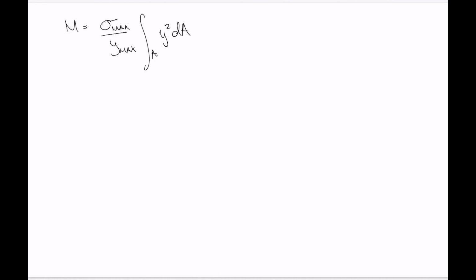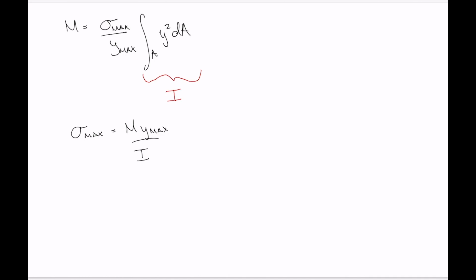Now this integral here, the integral of y squared dA over the cross-sectional area, that's the mathematical definition of moment of inertia. So that is moment of inertia I. Recognizing that, we can rewrite the equation as sigma max is M y max over I. Now we've got a useful equation.